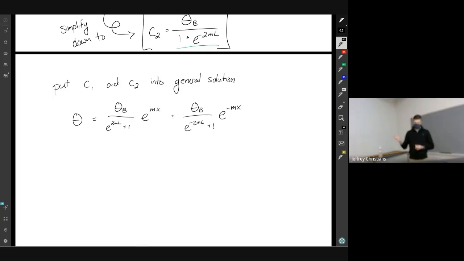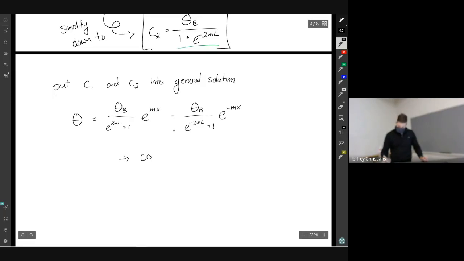We can simplify it a little bit further because cosh can be represented in terms of exponentials.